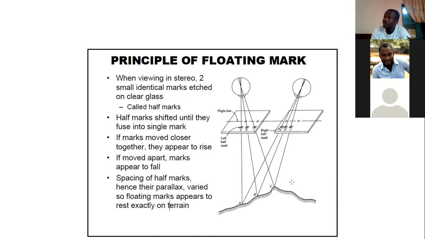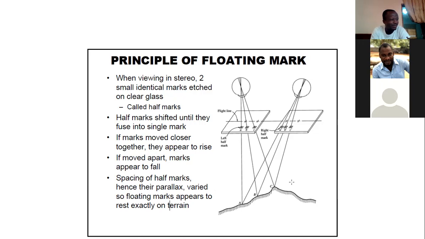Those marks are called half marks, and the half marks are shifted until they fuse into a single mark. What does it mean? If they fuse into a single mark, then it means that you've actually achieved a model. A fused model.